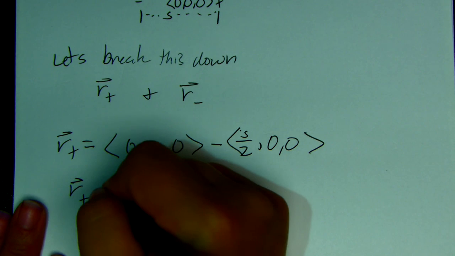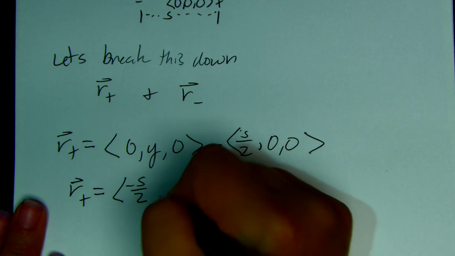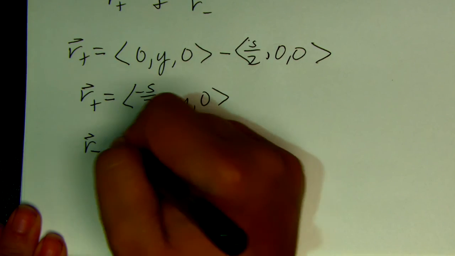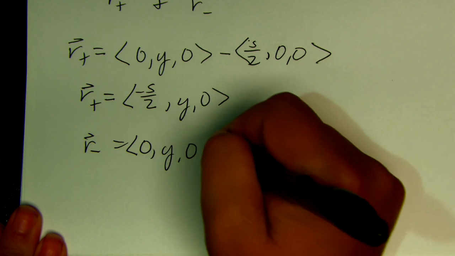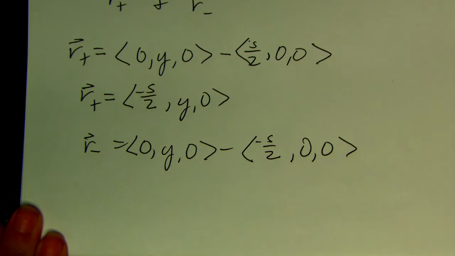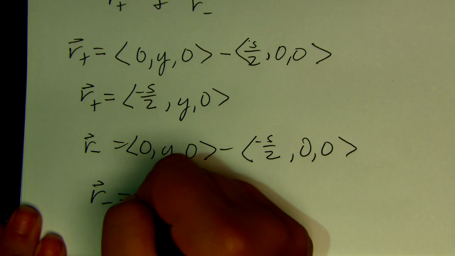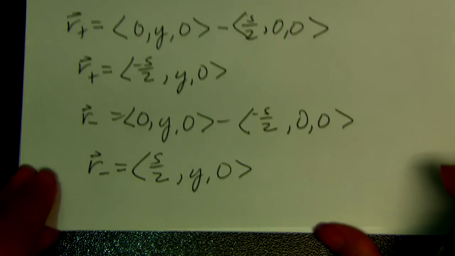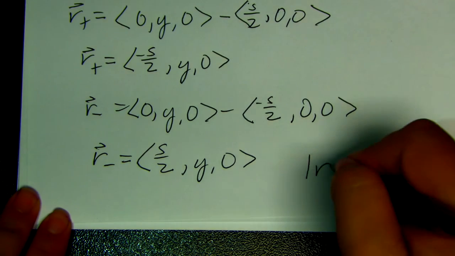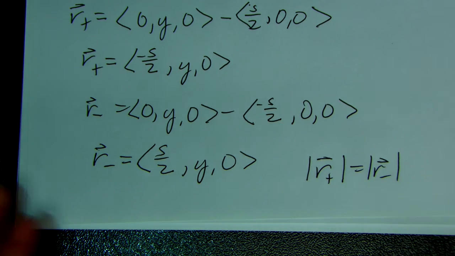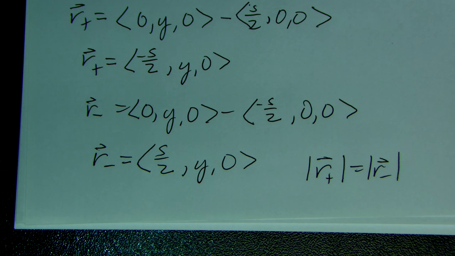So our positive vector is equal to minus S over 2, y, 0. And our negative vector is equal to S over 2, y, 0. Okay, so we know the magnitude of these two vectors is equal to each other. We can just see this with a calculation or a quick visual inspection or just what makes logical sense.